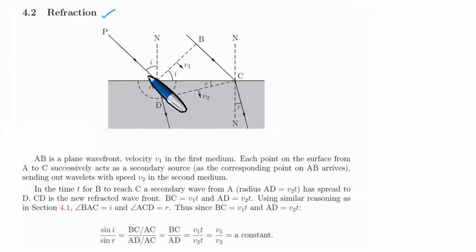So let us look at this very carefully. If you're able to see BAC as equal to the angle of incidence, and ACD as being equal to the angle R.